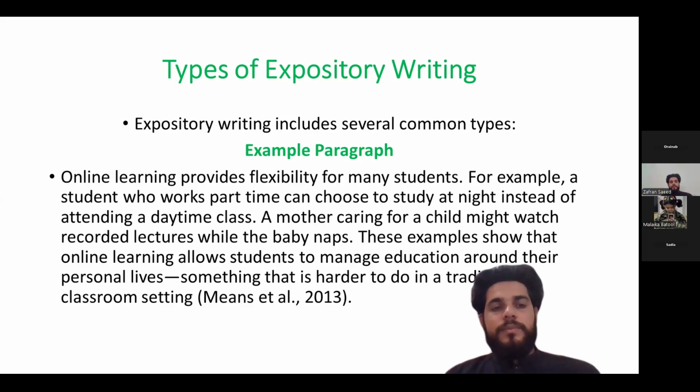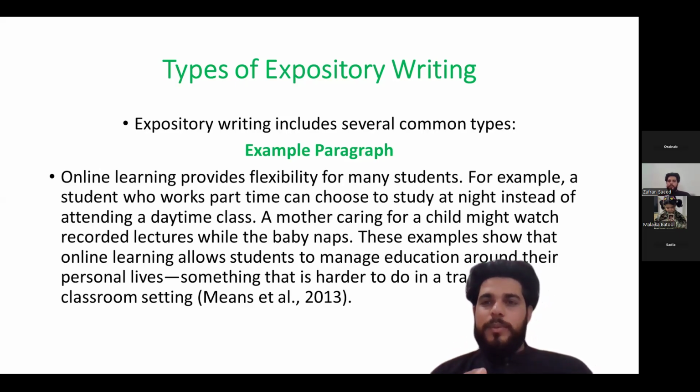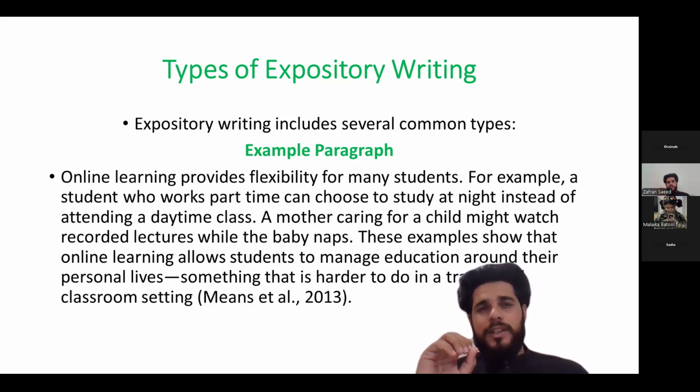The very first sentence, the topic sentence, is: online learning provides flexibility for many students. For example, a student who works part-time can choose to study at night instead of attending a daytime class. Right now, I'm looking at the participants, the students, there are 28 in number, but your classmates are almost 50, I think.